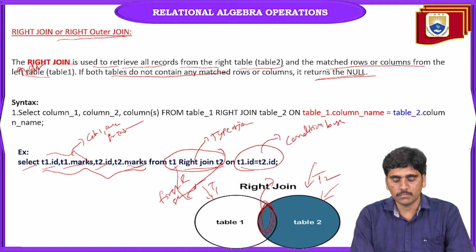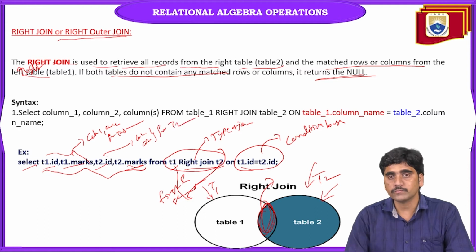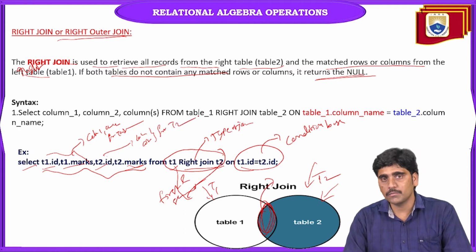These two are column 1 and column 2 from table 2. So like that you are specifying this right join.